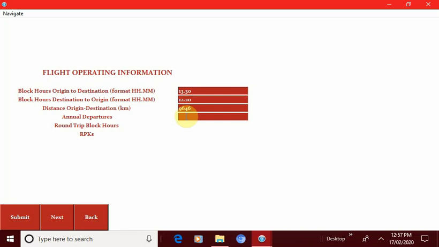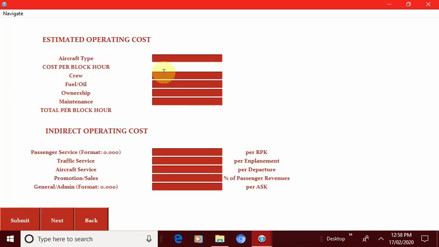Annual departures was, say, 720. So when I hit the submit button, you get the round trip block hours and the RPKs generated. So let's hit the submit button. This is the round trip block hours, 25.50, and the RPKs. Now let's move to the next screen.